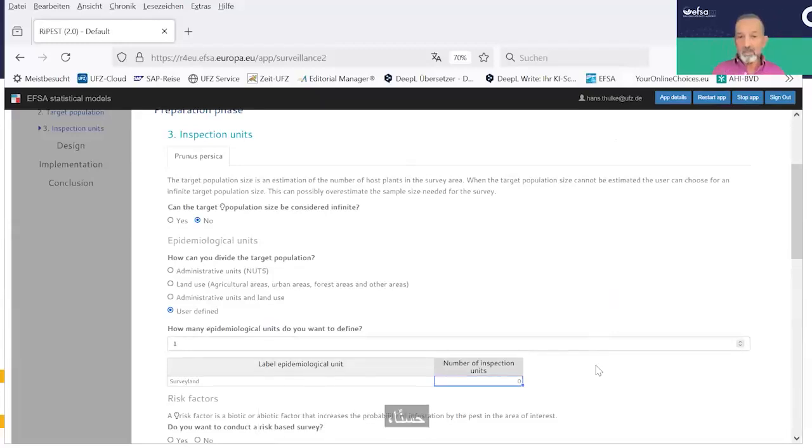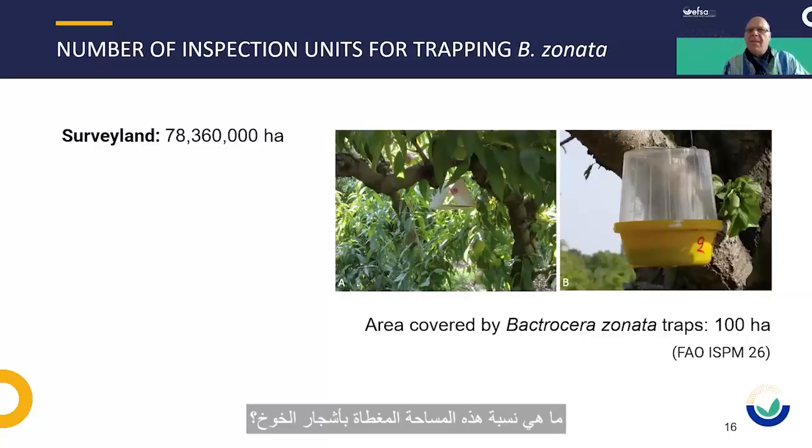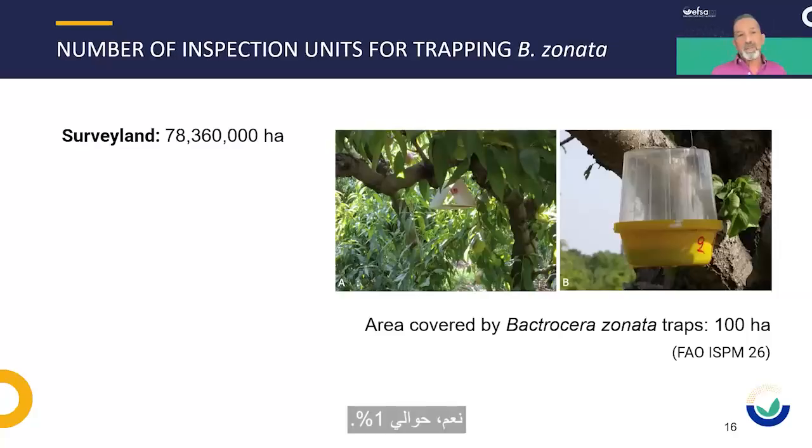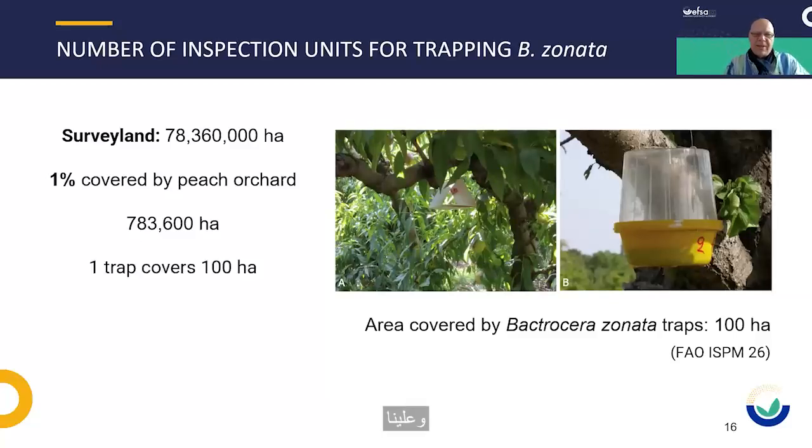Great. Yeah, okay, so what do we know? We know that Surveyland has 78 million hectares. What percentage of this area is actually covered with peach trees? You could say about 1%. Okay, 1% of 78 million creates 783,600 hectares with our peach trees, which we have to divide into areas covered by traps.